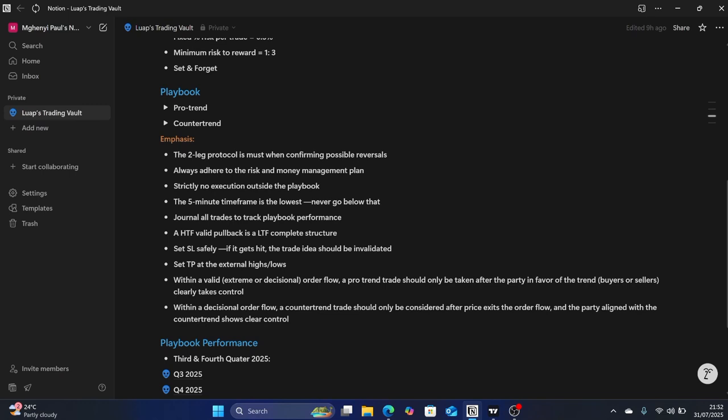But if you clearly see that everything that you've analyzed is correct, and checking at mine, you can see there is something wrong with mine, then I will prefer that you just go with yours. Don't get swayed by other traders' opinions. Maybe the trader is better than you, but don't get swayed by the other traders' opinions. Just stick with your own analysis. So those are kind of rules.